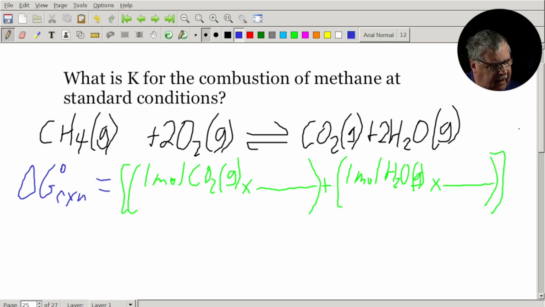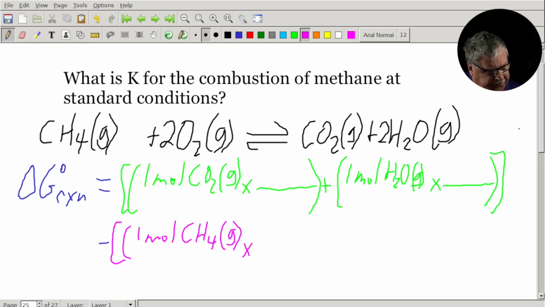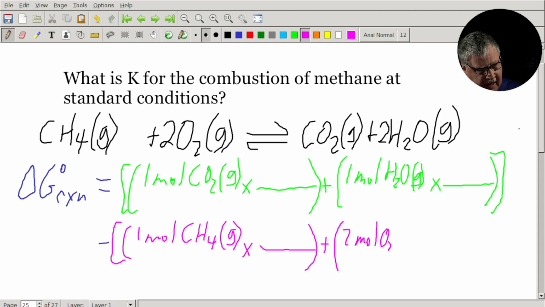All right, and then in our reactants, what do we have? We have 1 mole of methane and we have 2 moles of elemental oxygen.